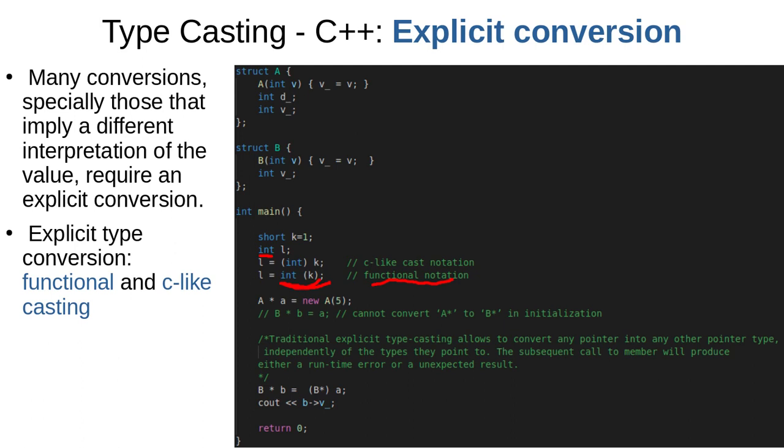So L is of type integer and k is of type short, and I want to cast k into L. In this case I say I want to change the type of k, which is short, into an integer, so that I can assign it to L. And remember, this can happen implicitly, so there's no need for this, but this is clearer if we use the explicit conversion.